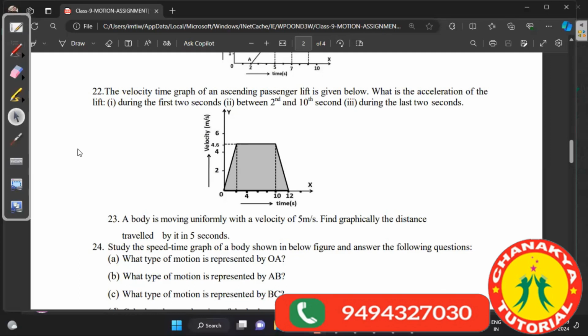Sir, will it be 2.3 meter per second square? Okay, for the first part, everyone is getting it? Is there anyone who is not able to get how to find out the acceleration?